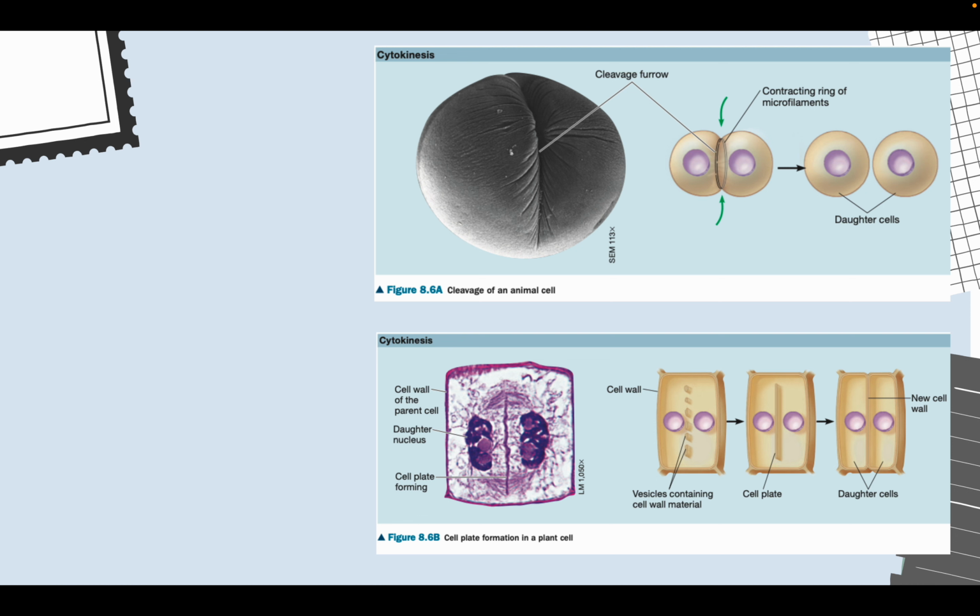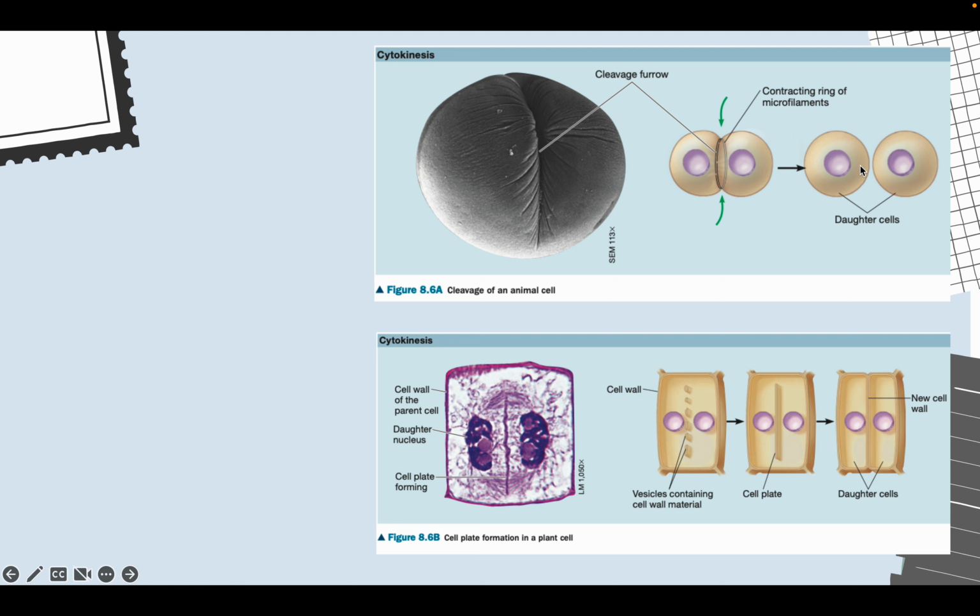Okay? So while both animal and plant cells undergo cytokinesis to create daughter cells, they employ different mechanisms due to their distinct structural characteristics. So in animals, it uses a contractile ring to pinch the cell membrane, to form two new daughter cells.